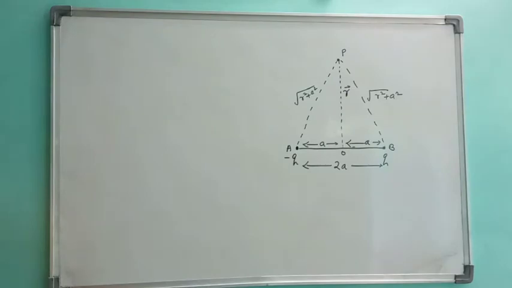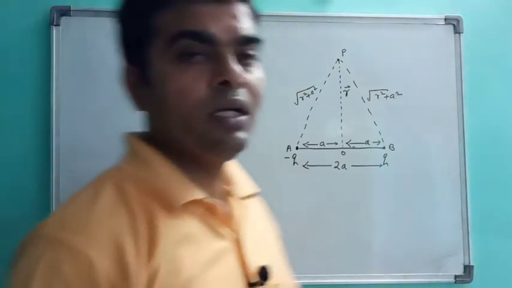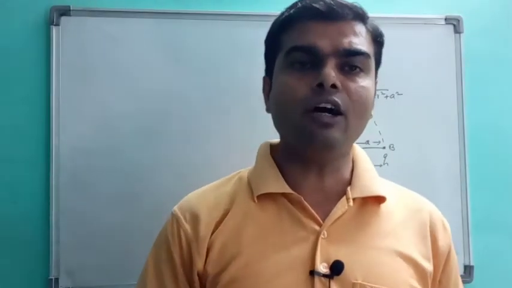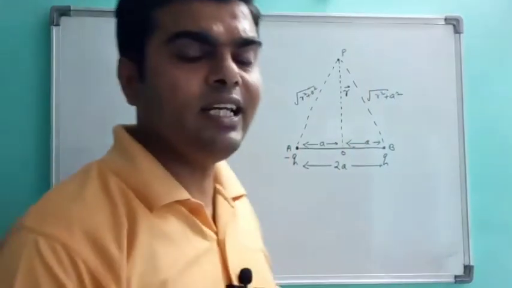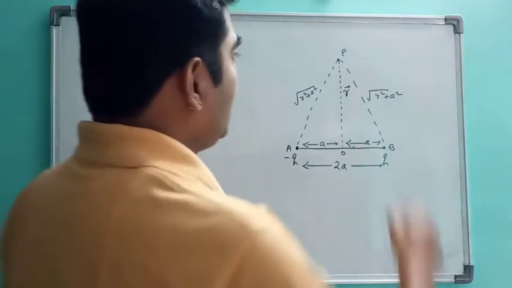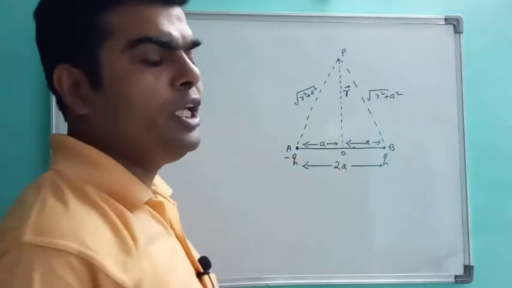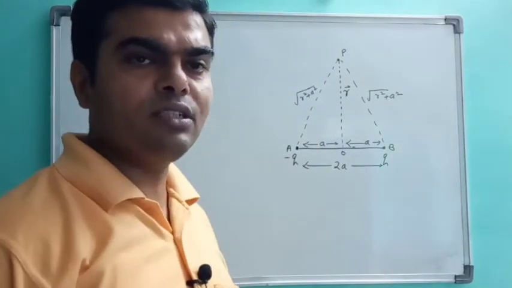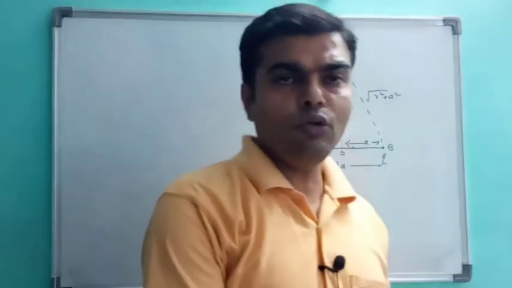But the electric field has trigonometric components, vertical and horizontal. As you saw in my previous video, the E sin theta components are equal and opposite, so they cancel out, and the E cos theta components are in the same direction, so they add.